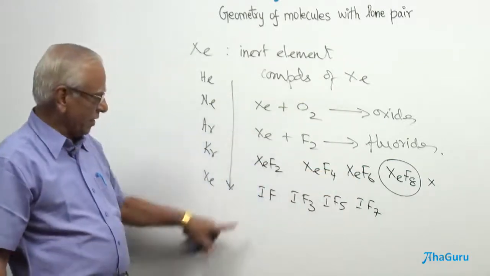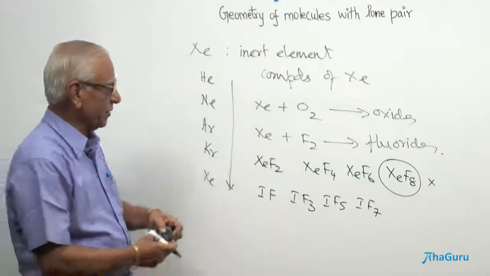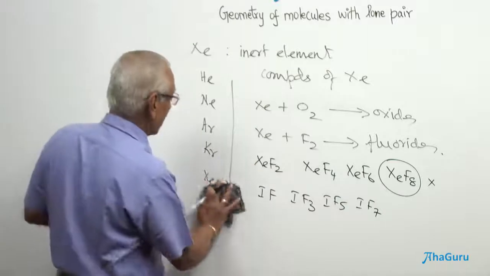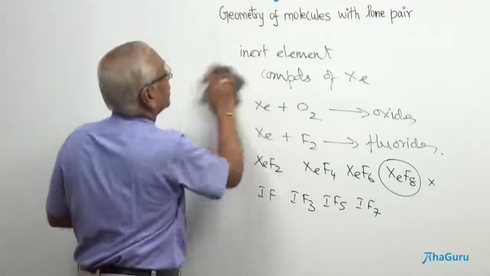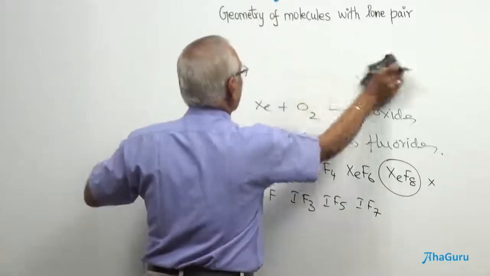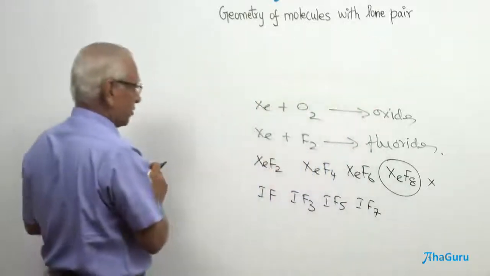That could be a question that could be asked. Now the reason for this, why xenon requires an even number of fluorine atoms and halogens require an odd number of halogen atoms to form interhalogen compounds.